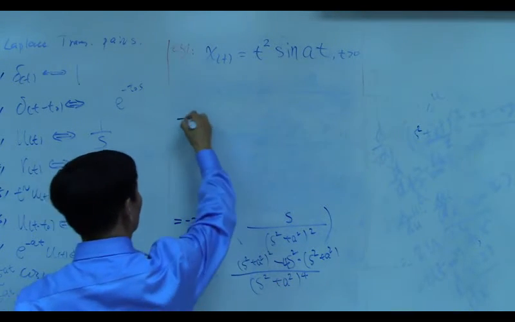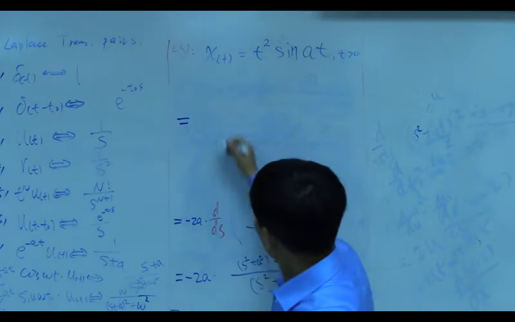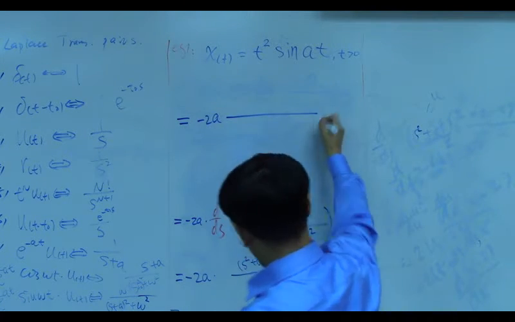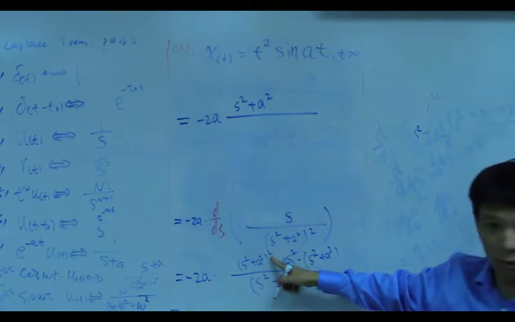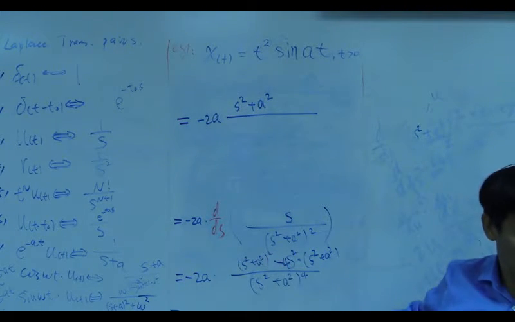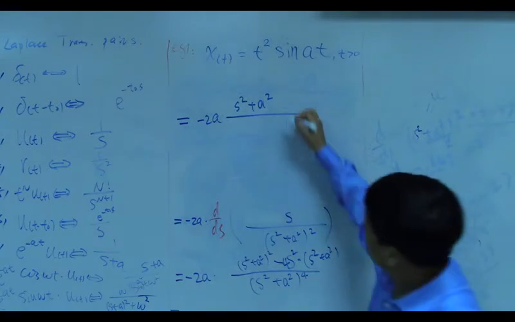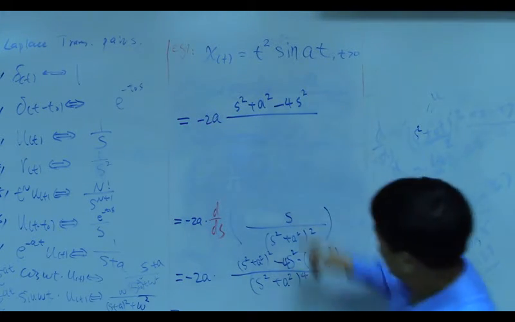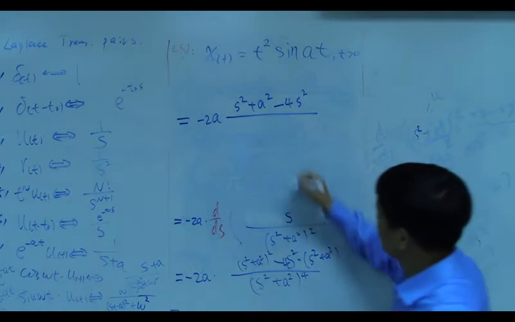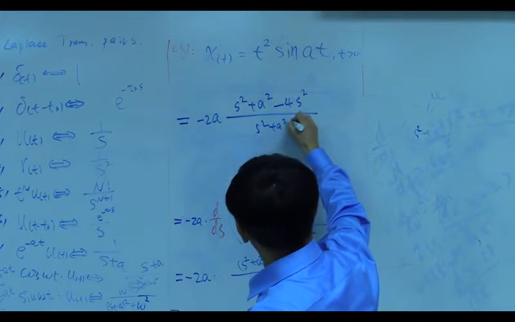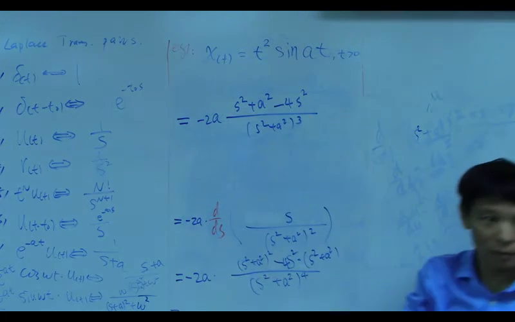So that will be equal to negative 2a. On the top, that will be s squared plus a squared. This 2 will be gone, right? Cancelled with this. And on the bottom, this one minus 4s squared. This one is gone. And on the bottom, that will be s squared plus a squared, then to the power of 3.